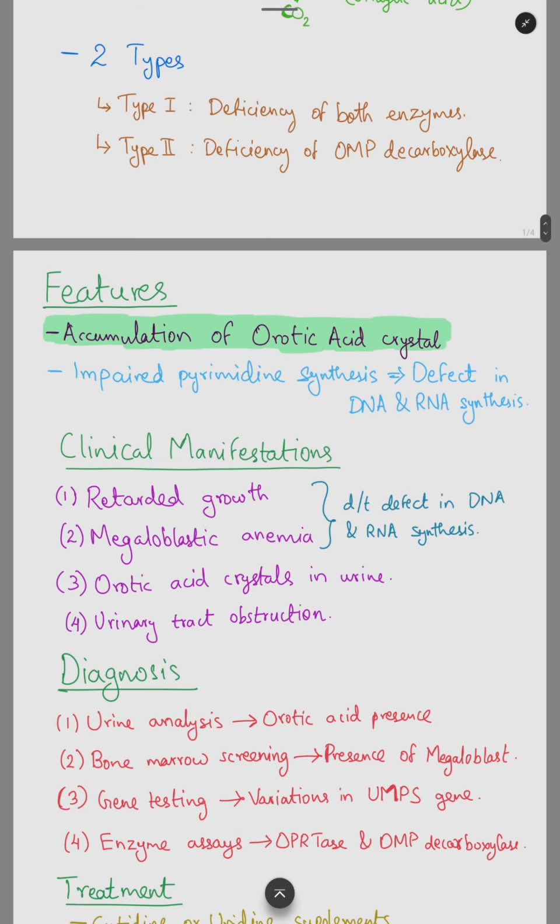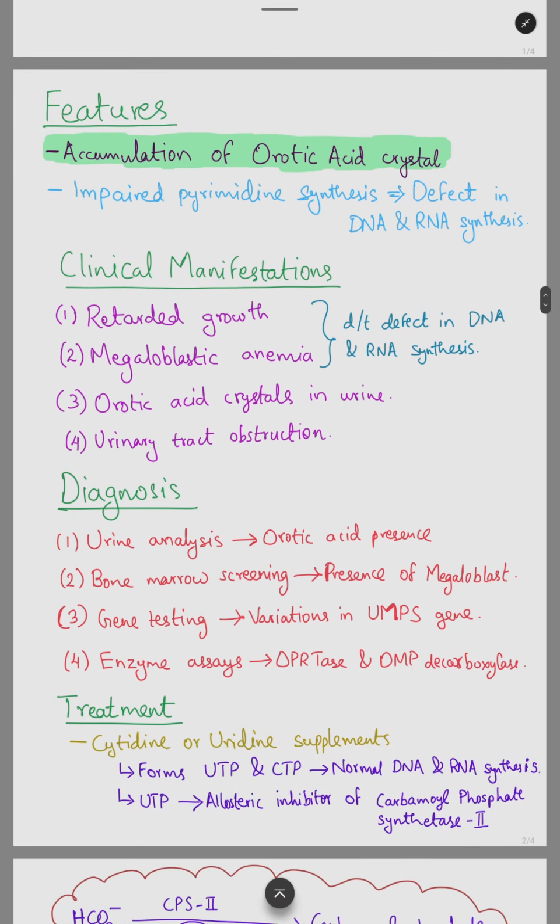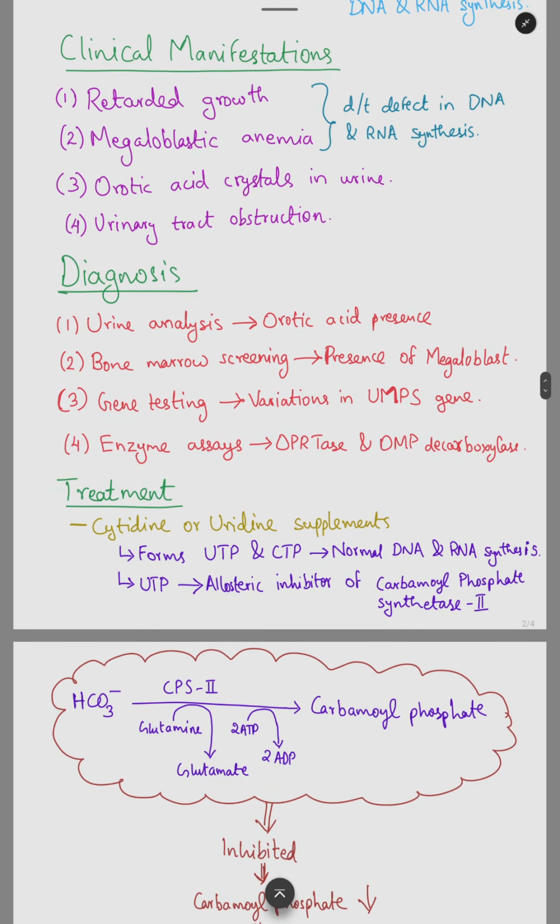Features are accumulation of orotic acid in the body and defect in DNA and RNA synthesis. Clinical manifestations: retarded growth, megaloblastic anemia, orotic acid crystals in urine, and urinary tract obstruction. Diagnosis: urine analysis for orotic acid presence, bone marrow screening for megaloblasts, genetic testing for checking variations in the UMPS gene, and enzyme assays for OPRTase and OMP decarboxylase enzymes.